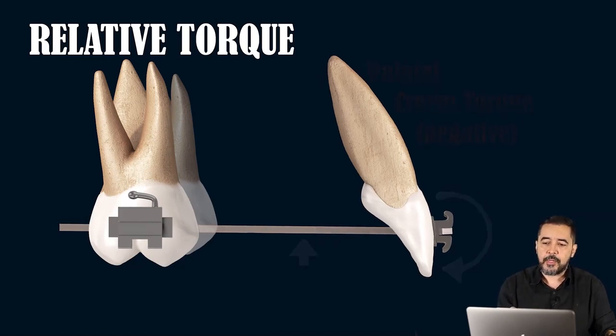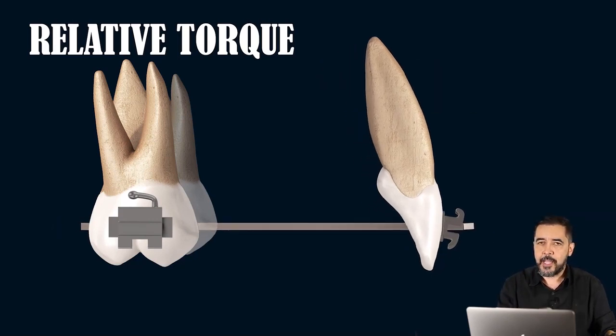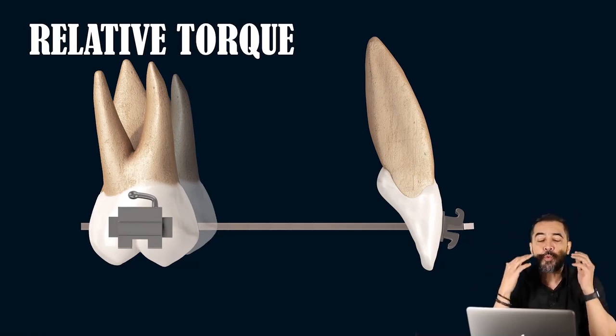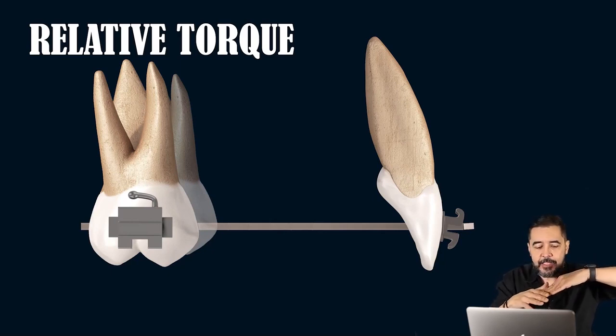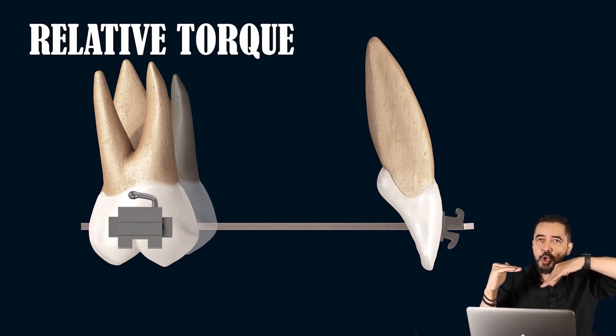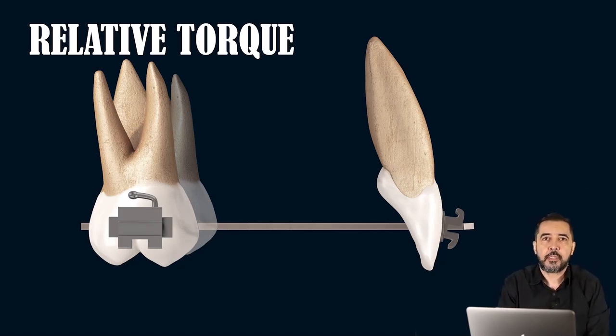So in that situation that we saw before, what did we have? We had an inclination of the root and the crown of the teeth, the anterior incisors. So when I put a neutral real torque, the interaction between the neutral real torque and the inclination of the slot changed the position of the crown and the root.